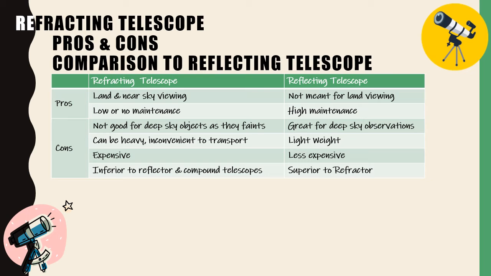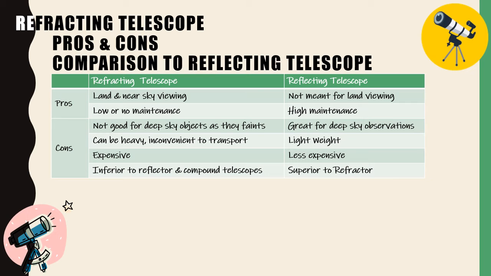Refracting telescope is not good for deep sky objects as it gives a very faint image, and can be heavy and inconvenient to transport because of its large size. The reflecting telescope can be used for great deep sky observations and is very light in weight.